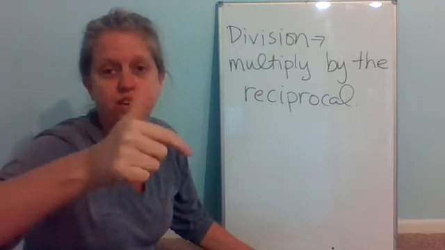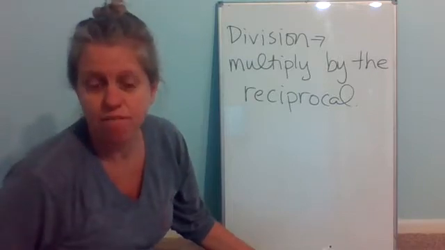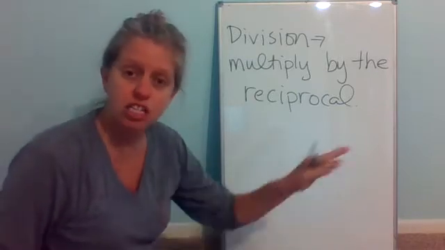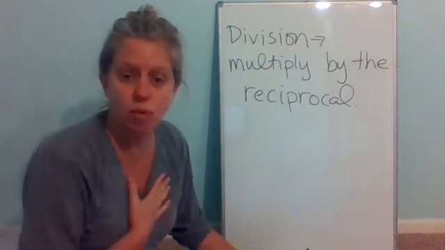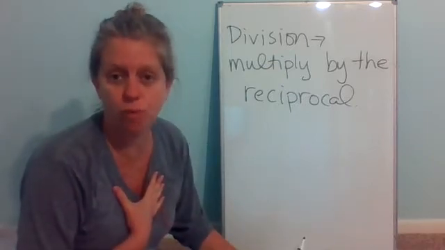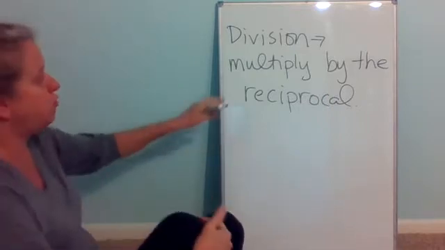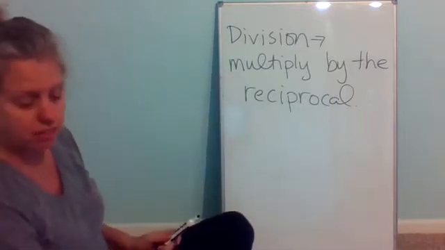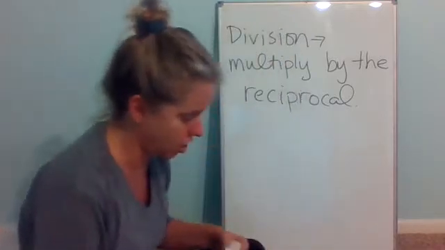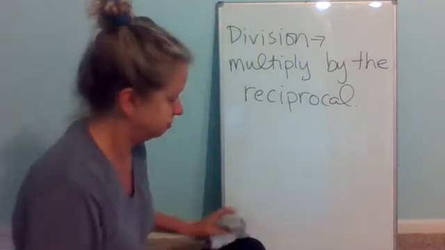It means you're going to flip that second fraction, and then it turns into multiply, exactly like what we have been doing already. So they're just adding a step at the beginning of this to flip the second fraction and turn it into multiplication.